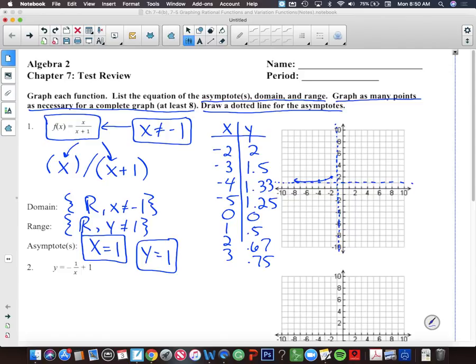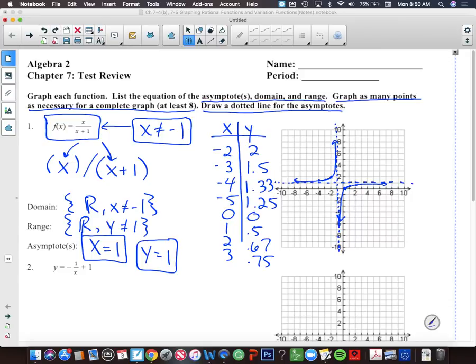So we don't have to get those other points that are closer to the asymptote, but it may help. It's going to kind of curve up like that. And then below here we got 0, 0, 1, 0.5, 2, 2/3, and that's kind of the same as that last one, and it's going to kind of curve down right there. So that is the graph of that one.